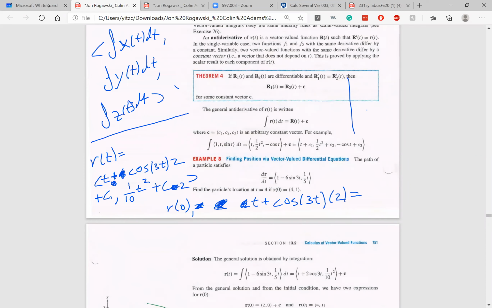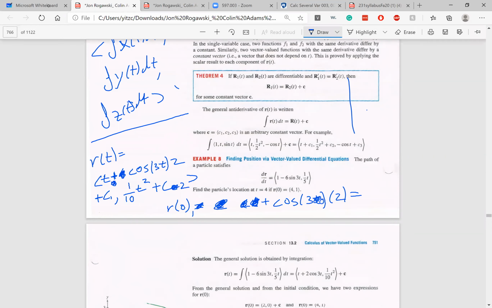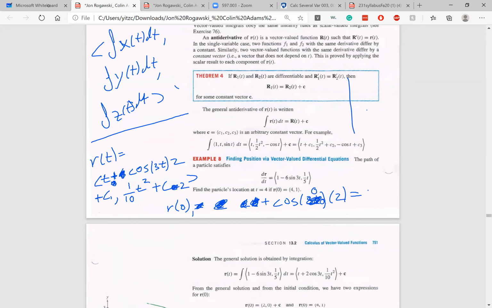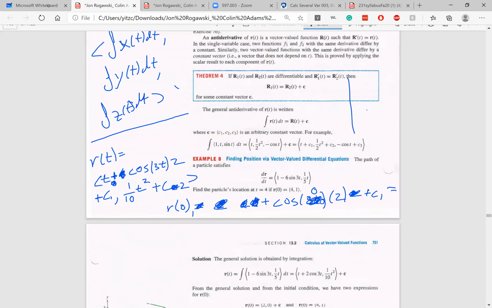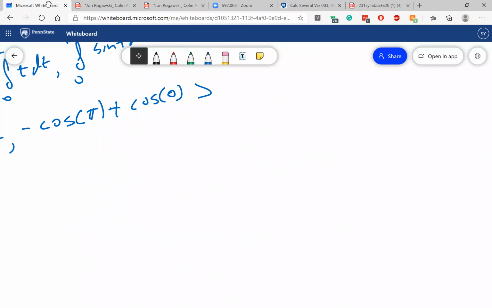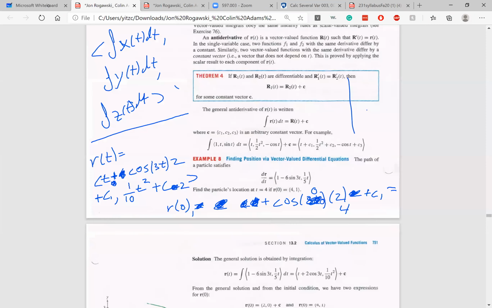At 0, this is 0 now, and this over here is 0, so this is equal to plus C1, and this now is going to be equal to 4. Okay, let me redo this so it's clearer here. So we have 1 minus 6 sine of 3t.